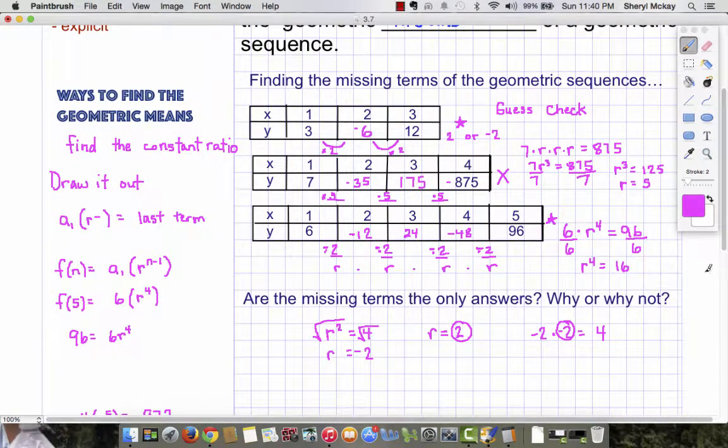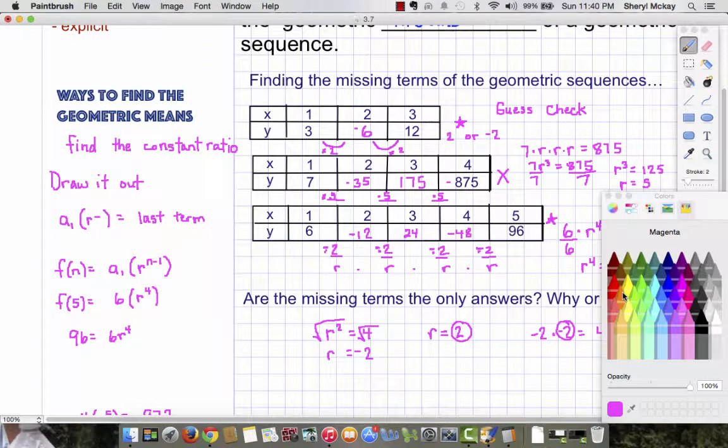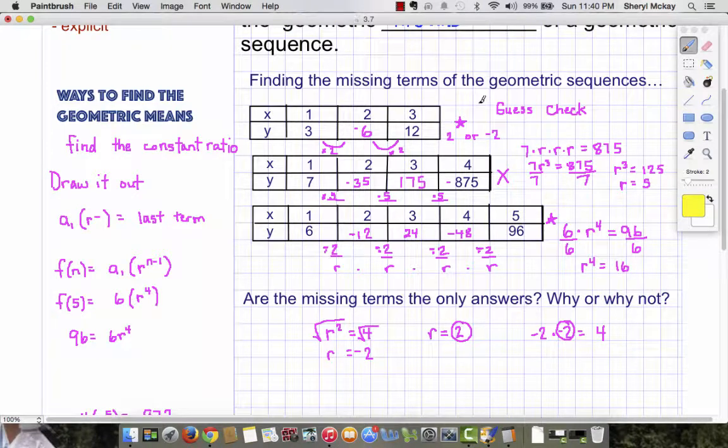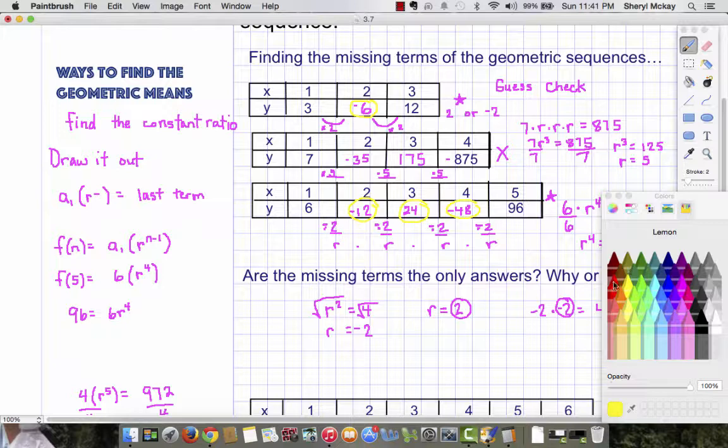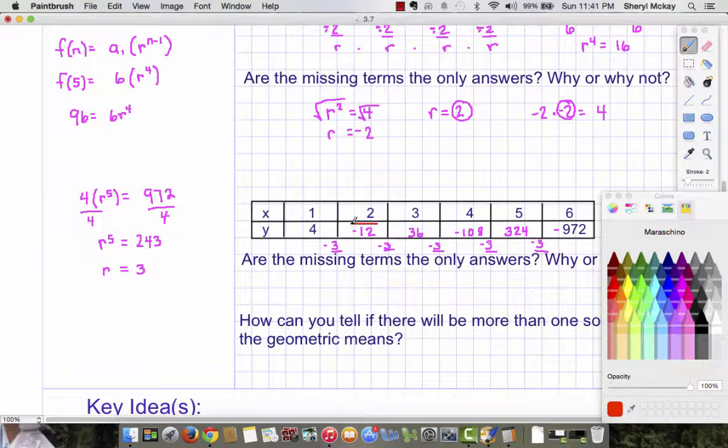Did you notice something? Did you notice that on the starred ones, the ones that you could have a positive or a negative constant ratio, you had one missing term here, you had 3 missing terms here, and on these that it didn't work, you had 2 missing terms here and 1, 2, 3, 4 missing terms there.